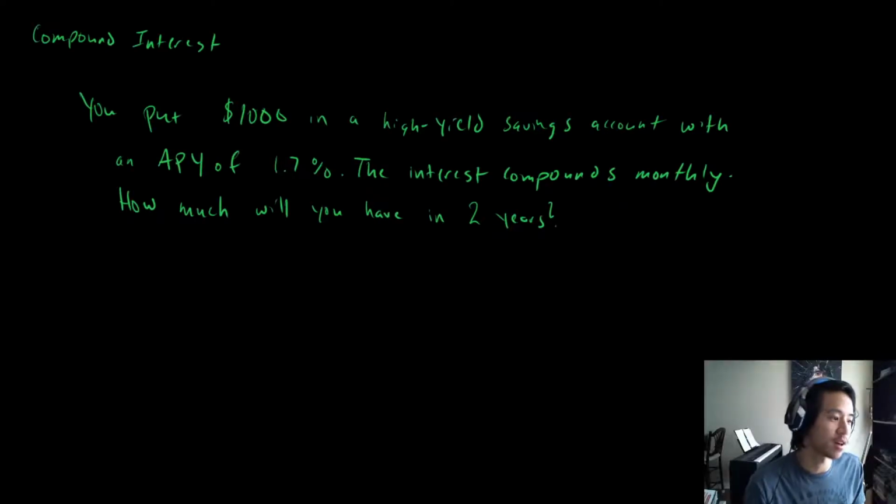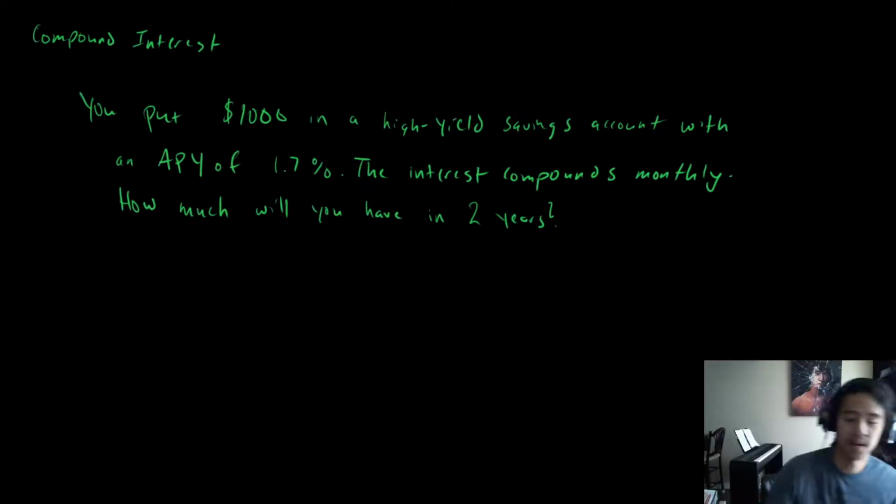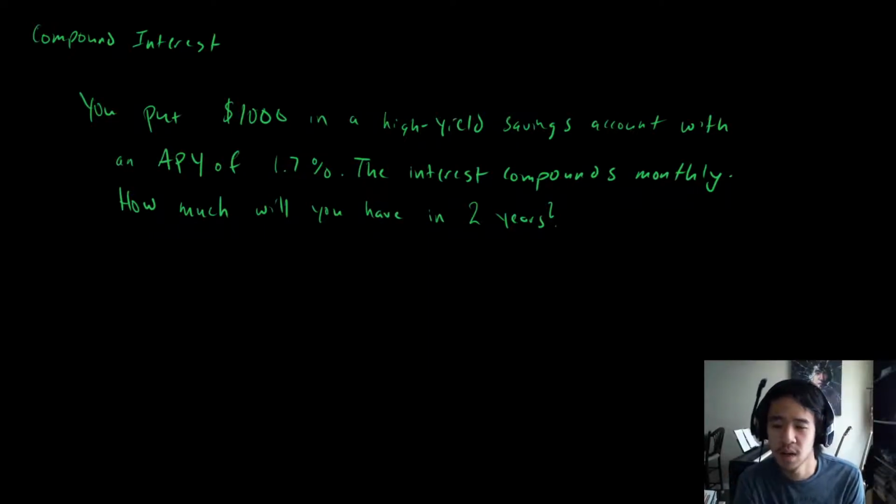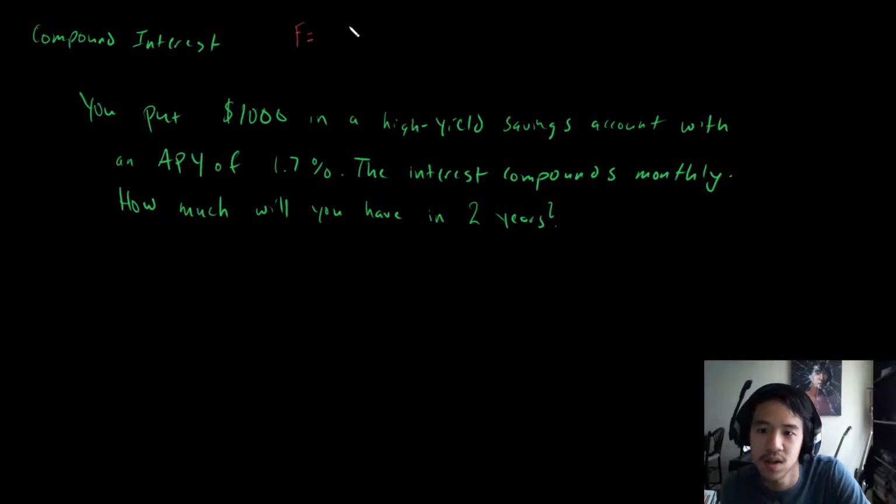All right, so here's the other type of application we're going to learn. It's going to be compound interest. So in this case, our formula is going to look quite interesting. We're going to have the final is equal to the principal.